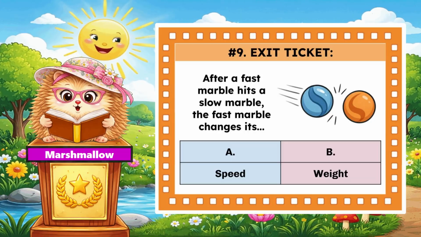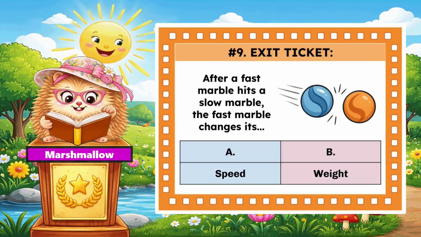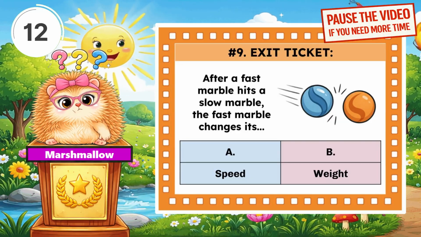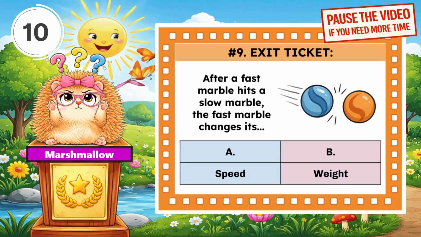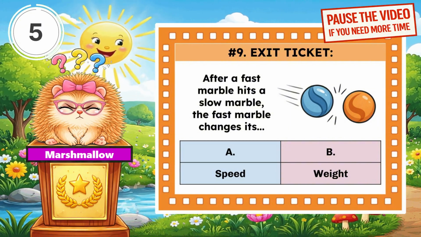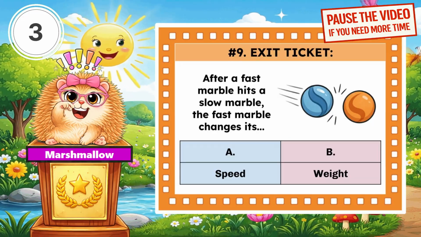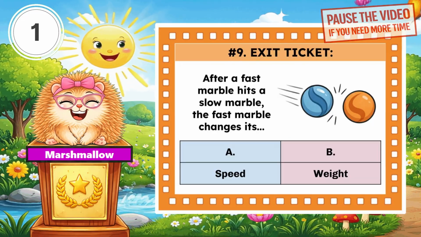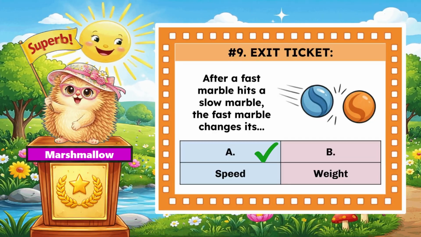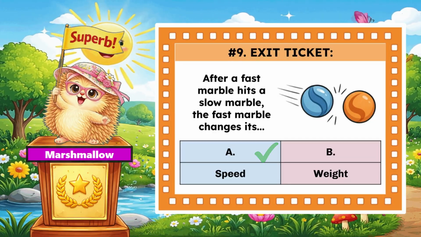After a fast marble hits a slow marble, the fast marble changes its blank. And the correct answer is letter A, speed.